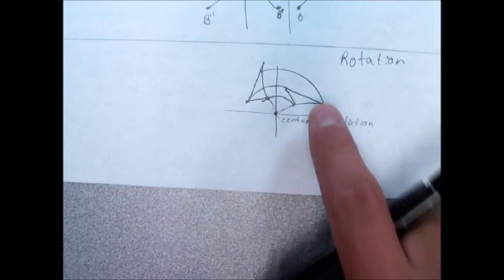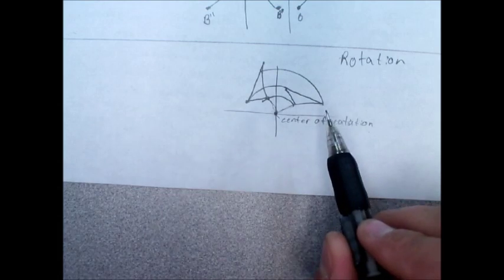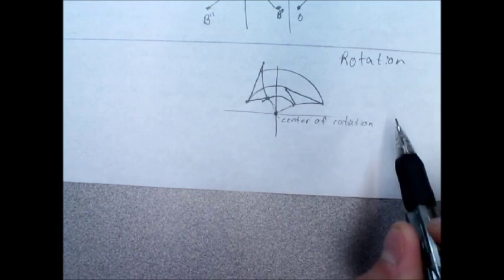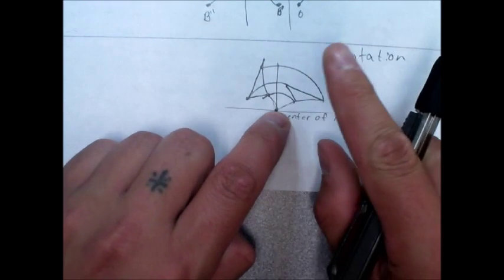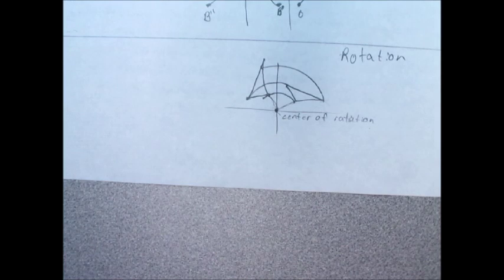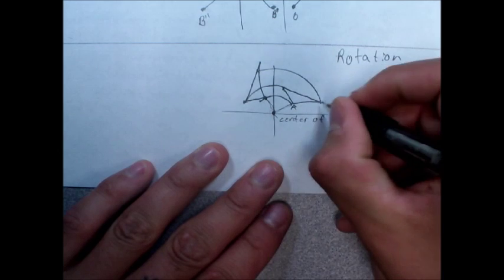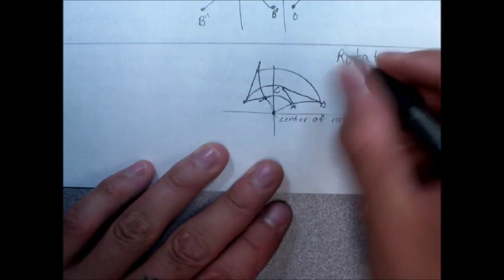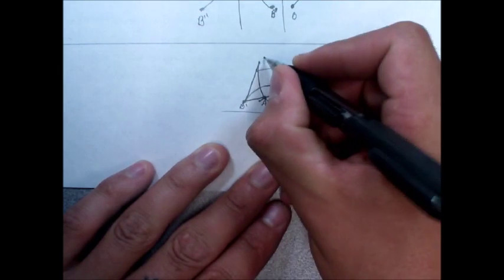That is a rotation about using C as your center of rotation. Okay? So if I was going to use that as a pinwheel and I went like that and I flicked it, it would spin around that piece. Okay? So that's basically what it's asking you to do. And then you'll redraw it and label your vertexes. So on this one, if it was A, B, C, then this would be A prime, this would be B prime, and this would be C prime.